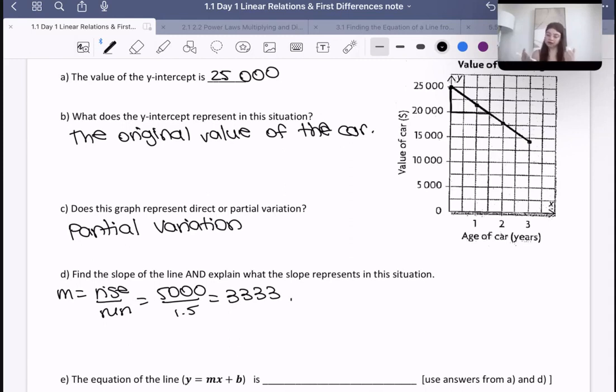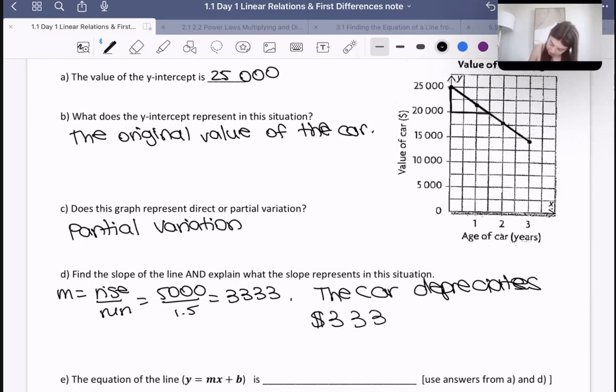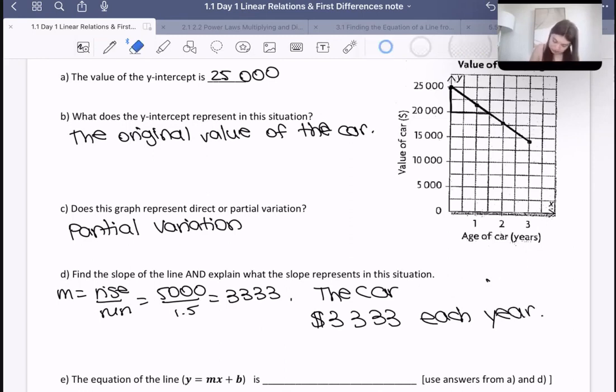However, according to this graph, the car depreciates by $3,333 each year. Actually, let's write that word a little nicer there. Awesome. There we go.